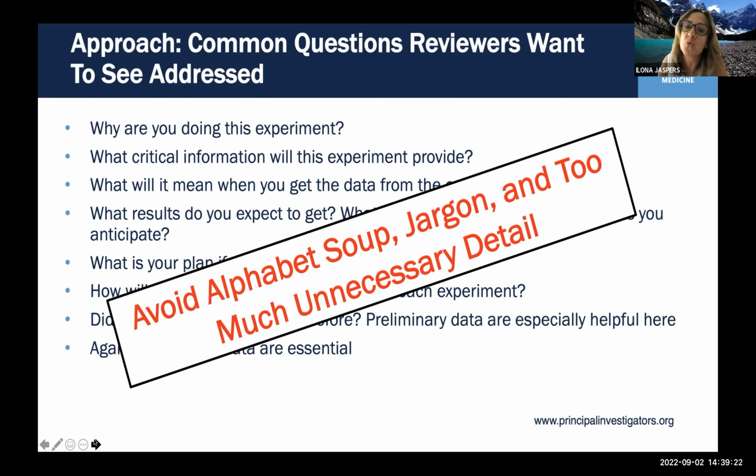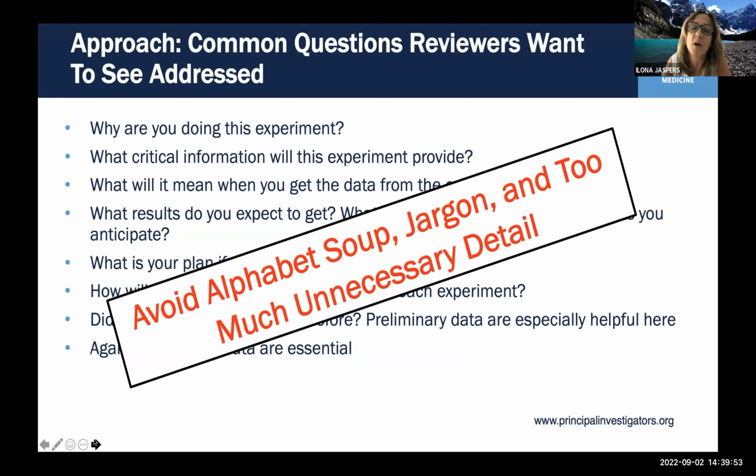What really annoys me, and is very difficult to follow, is alphabet soup, where you are generating your own acronyms as well as using commonly accepted acronyms. You're using jargon that was not described. You're using a lot of very detailed mouse models with very fine changes, because they have one mutation, or they are inducible mice versus whole knockout mice.